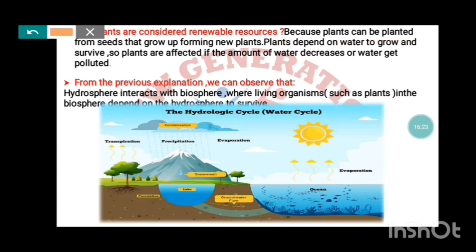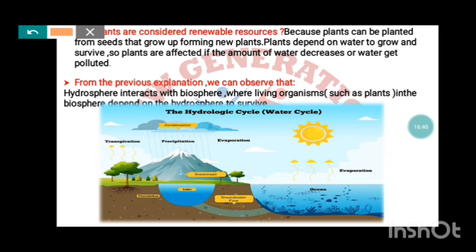Plants depend on water to grow and survive, as we said. So plants are affected if the amount of water decreases or water gets polluted. From the previous, the hydrosphere interacts with the biosphere.